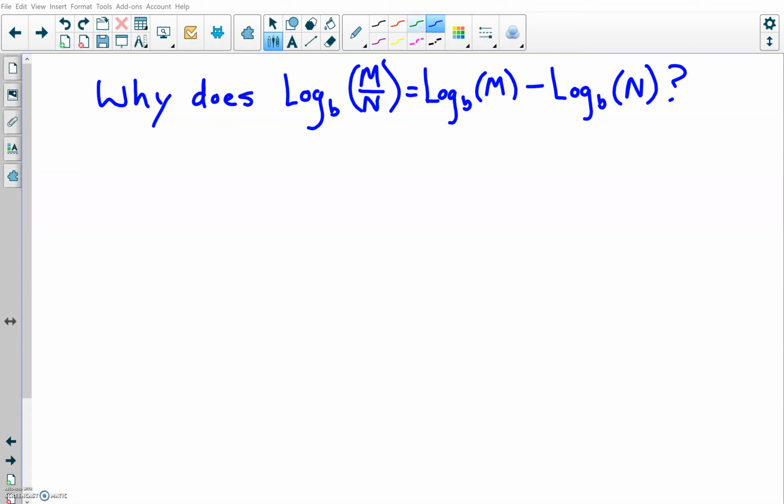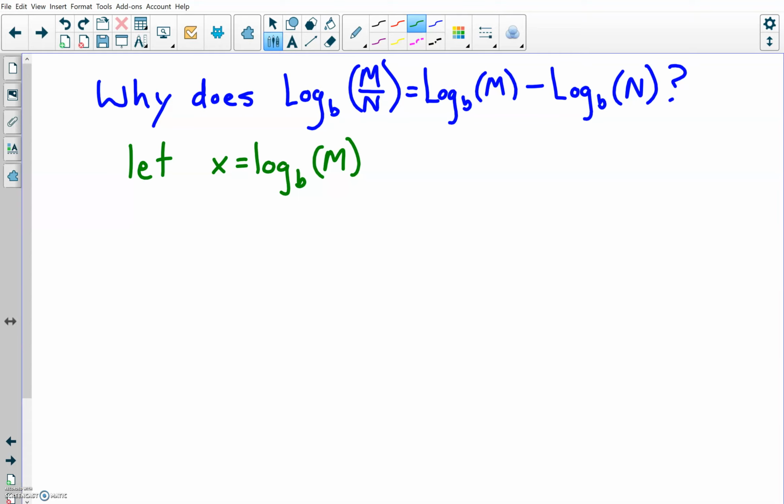So let's get a couple of things down here. I want to start out by just letting a couple of things be equal to something just to make this nicer as we go through the process. So I'm going to let x equal the log base b of m. And using the definition of logs, you have to remember a log gives you a power. The whole answer to a log is always going to be a power.